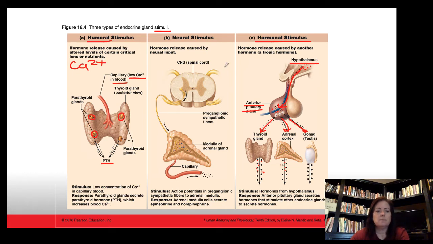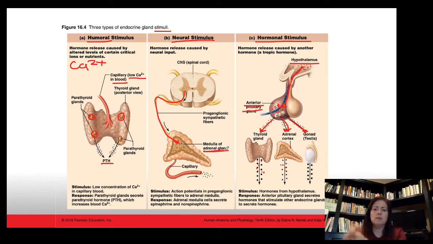Okay, and then our third type of stimulus is neural stimulus. And so this is when we have a hormone that's being released as a result of nerve impulses. So in this case, we have nerves traveling from the brain and directly connecting into the adrenal medulla, okay, which are little adrenal glands.